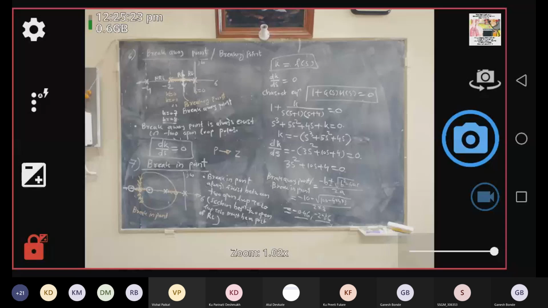Then how to determine it? What are the formulas? We just note down, making subsections in this. First we can determine the angle of departure at a complex pole.